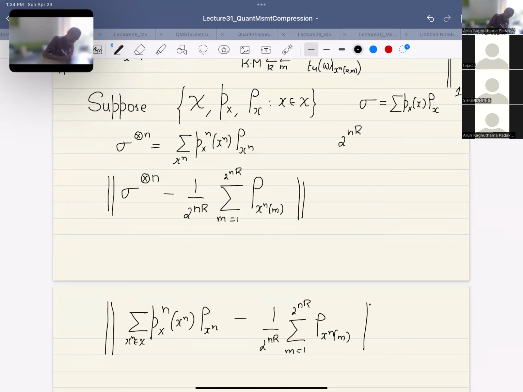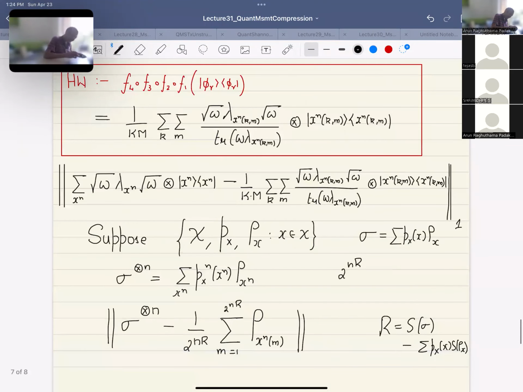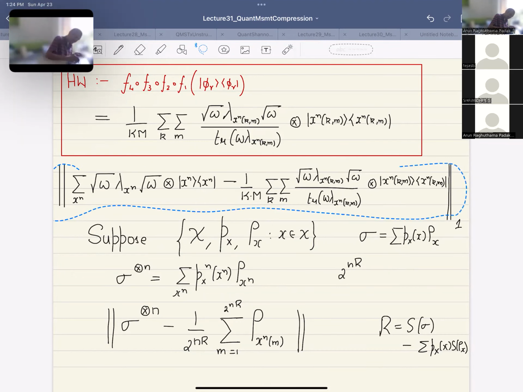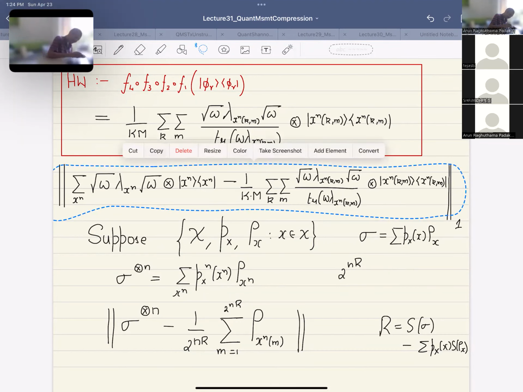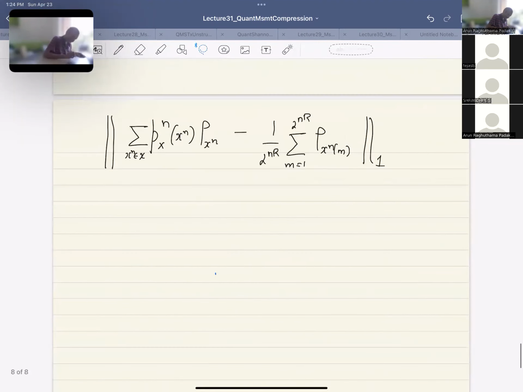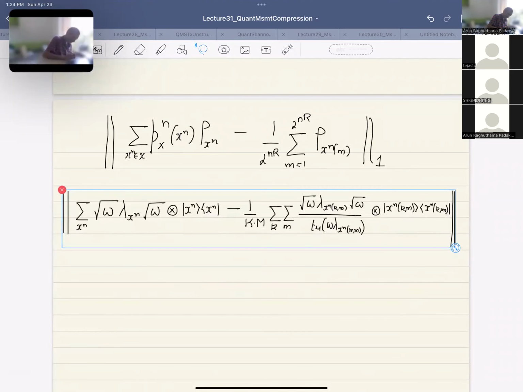So instead of averaging over so many, I can just average over 2 power nr, and it turns out 2 power nr, where r is greater than the relative entropy of sigma minus the average of rho x. This is what we showed. If r is like this, right? Let's look at this thing. We will see that this is the covering lemma in disguise. Okay, the covering lemma in disguise.